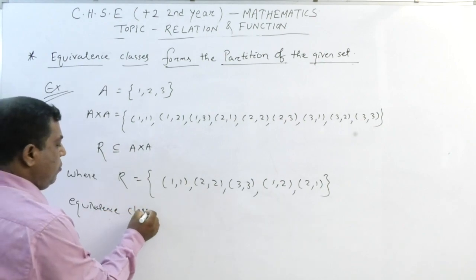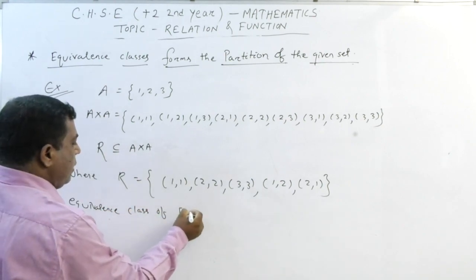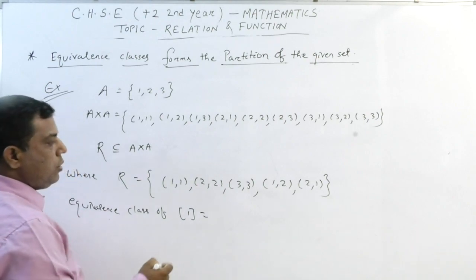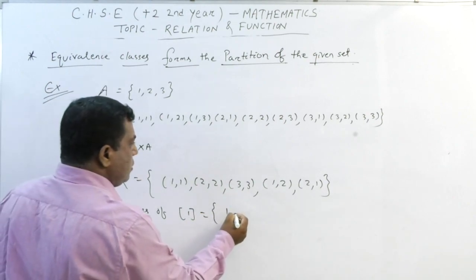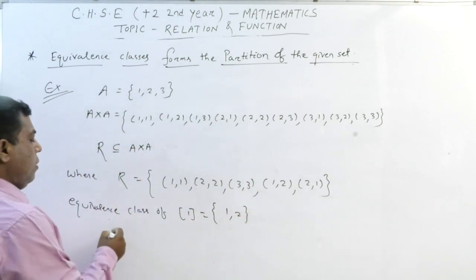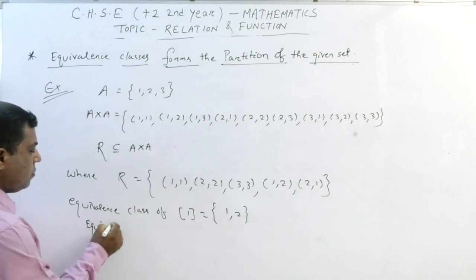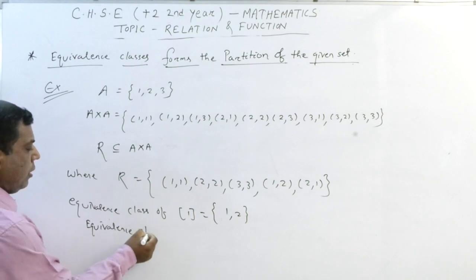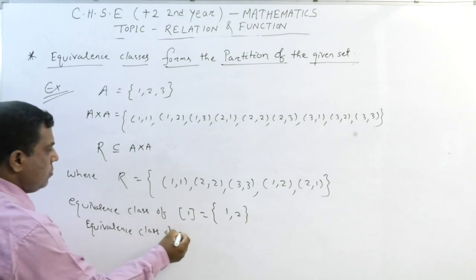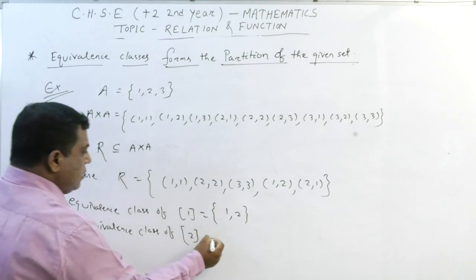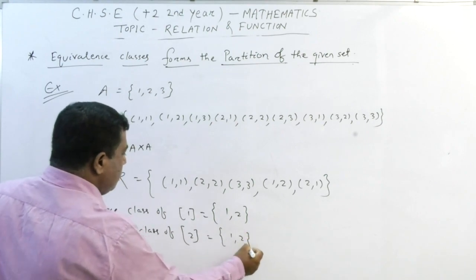Therefore, the equivalence class of 1, we are able to find it. What is the equivalence class of 1? It is the set {1, 2}. What is the equivalence class of 2? The equivalence class of 2 is the set {1, 2}.